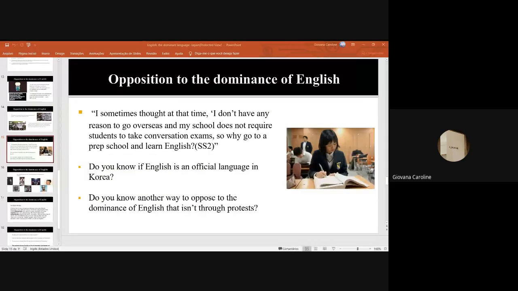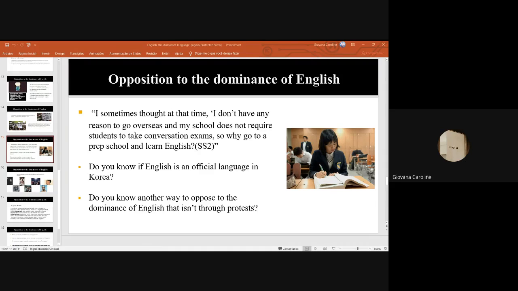Okay, now. So in South Korea, English is not an official language. But do you think English is a second language in Korea? In Korea? Yes. Not totally sure, but I think so. No. English in Korea is treated as a foreign language.